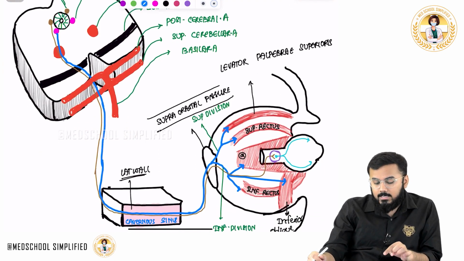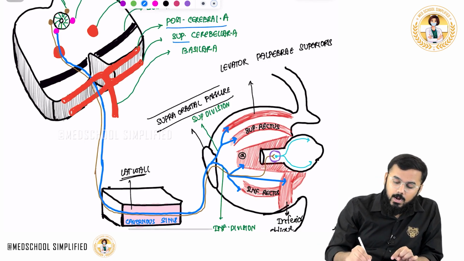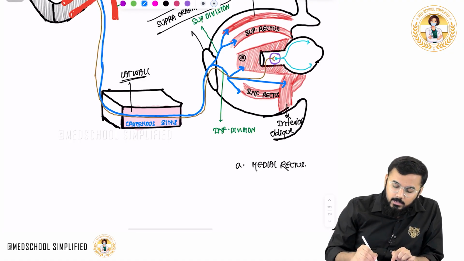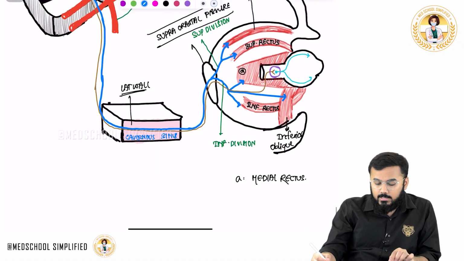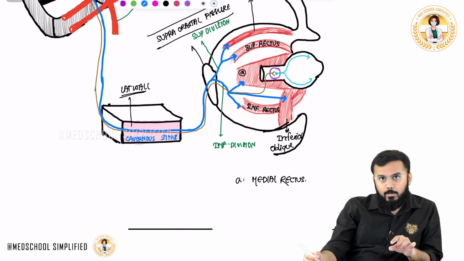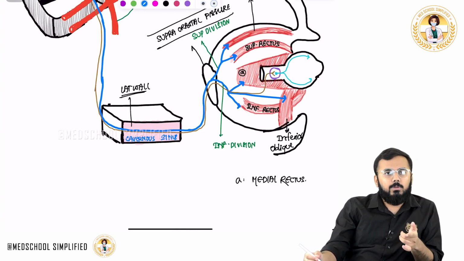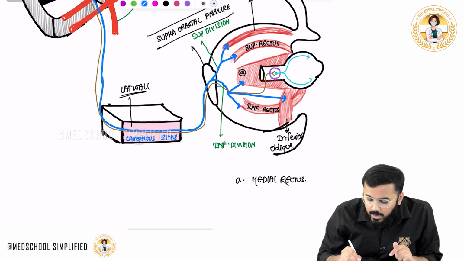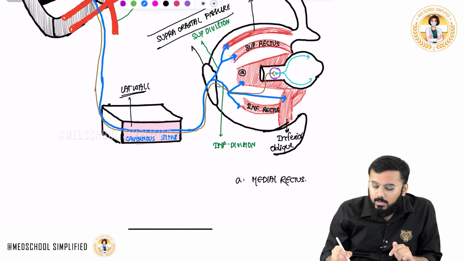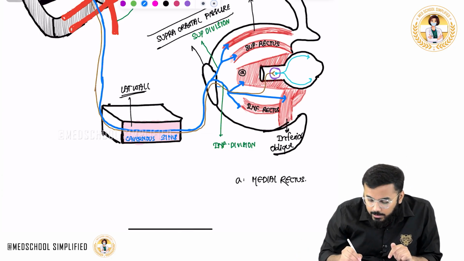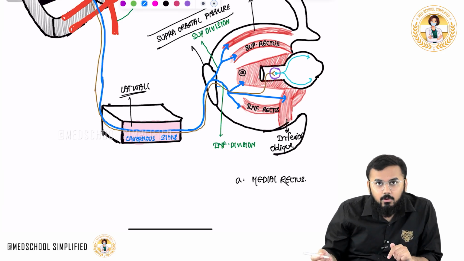They also pass in between your posterior cerebral artery and superior cerebellar artery, and they come down, they also pass along the lateral wall of the cavernous sinus, and they are entering into your orbit, but they are not dividing into superior or inferior division. Rather, what is happening is that they are following along your nerve to inferior oblique. They are passing along with the nerve to inferior oblique.